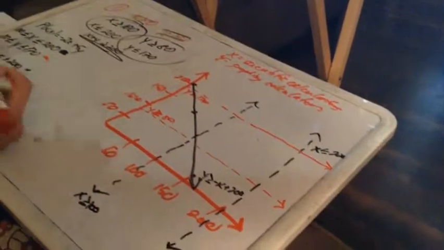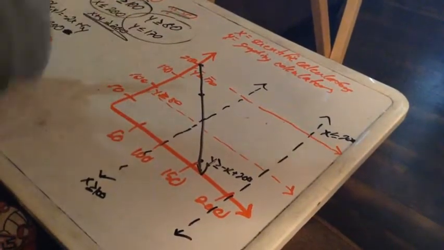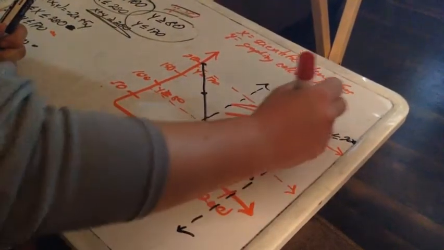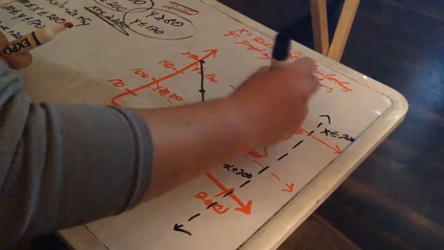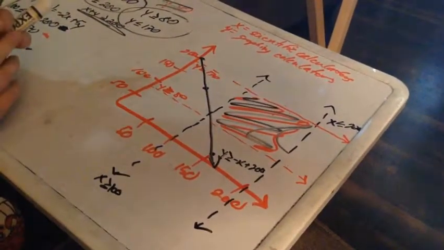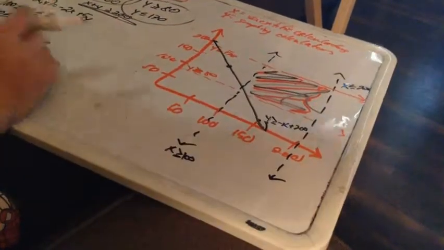So our corresponding region falls within this area, because that's where all of our lines meet. If we were to test some points, we'd find that that's the region.